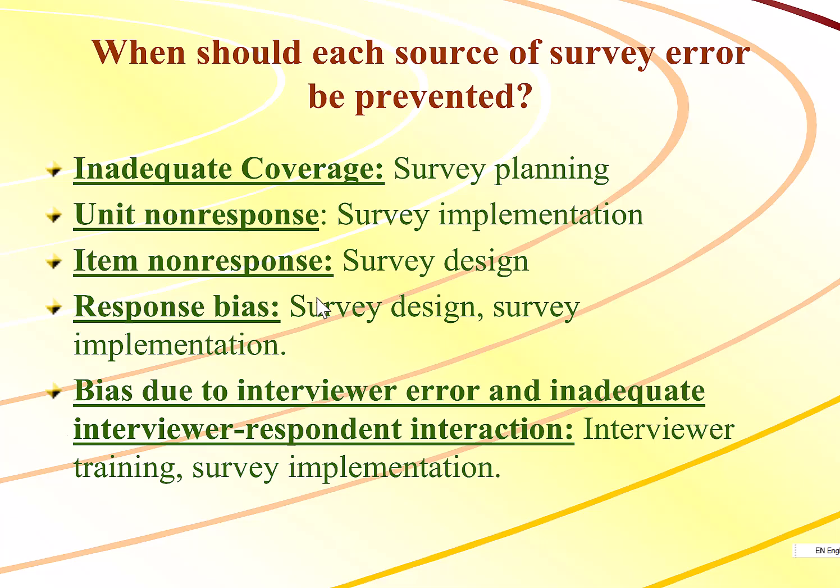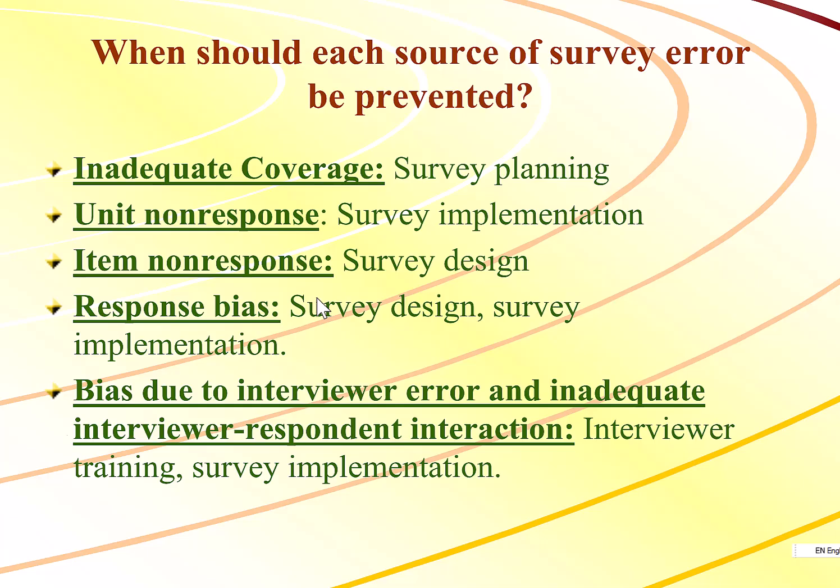Unit nonresponse is addressed in survey implementation. Use methods such as mixed-mode surveys to make sure that no group of individuals has lower response rates. Item nonresponse is addressed in the survey design, so people don't skip questions.